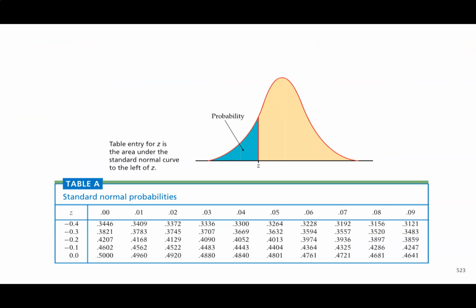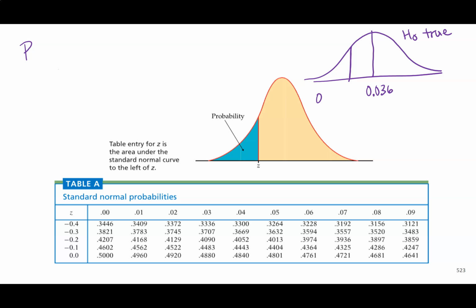So looking here, negative, so if the null is true, I like to do this: it's really 0.036. What we saw, drawing to scale is not my forte, 0.034.